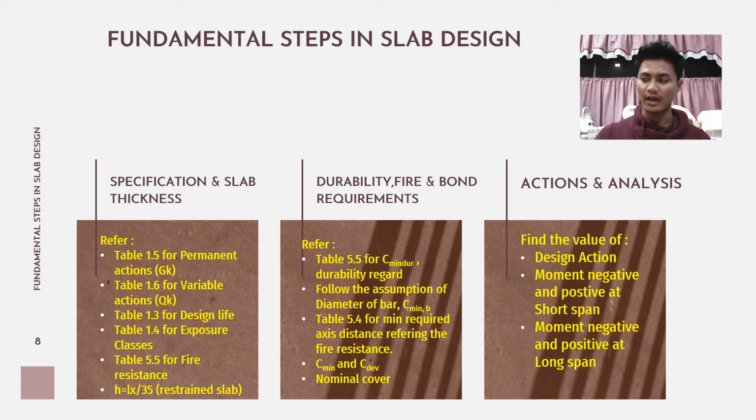According to the book Reinforced Concrete Design, UTM edition November 2015, you should refer to table 1.5 for permanent action, which is Gk, table 1.6 for variable action Qk, table 1.3 for design life, table 1.4 for exposure classes, table 5.5 for fire resistance, for checking and determining the specification of the slab.